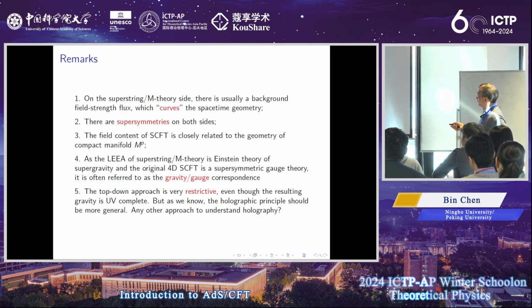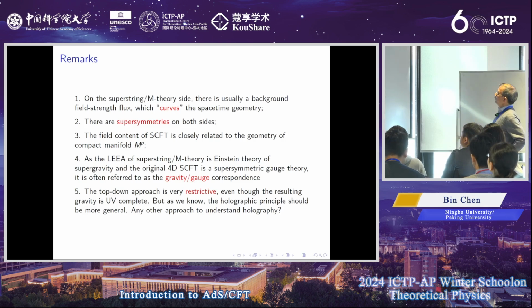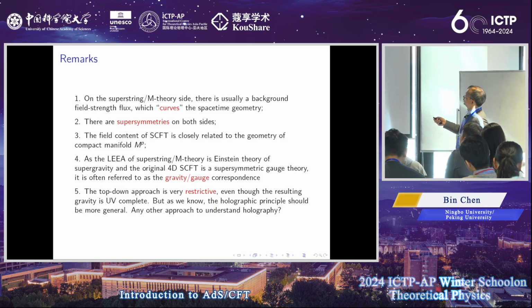But on the other hand, we know the holographic principle is quite general. It should be applied not only to AdS spacetime, but also in flat spacetime and de Sitter spacetime. That suggests that maybe we should take some other approach to understand holography.